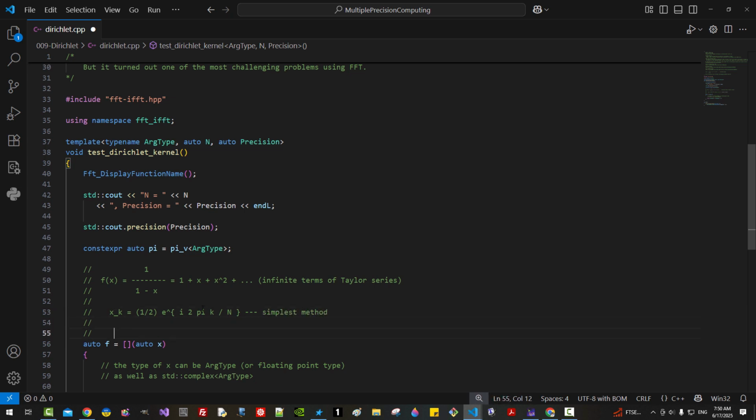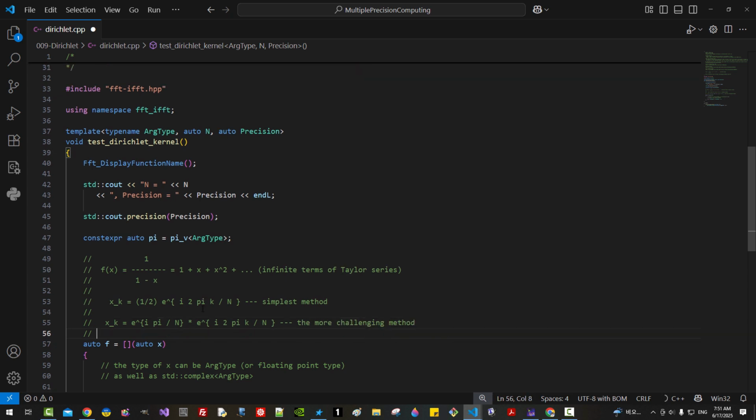There is another method, a more challenging one. Now, e to the I phi over n times omega k is the more challenging method. In this case, we used this factor. This is xn represented as 1/2 times omega k.